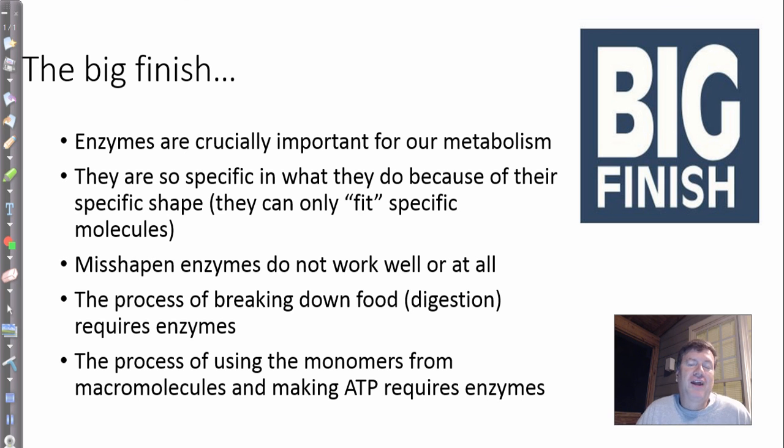We're talking about how we chemically break down big molecules to small ones. And the process of using the monomers from the macromolecules and making ATP requires enzymes. That's sort of a wordy way of saying when we want to make ATP, the energy that we need to make our cells work, we're going to have enzymes to power that series of reactions too.